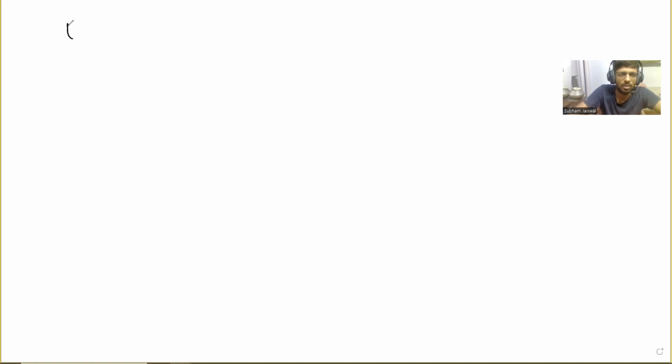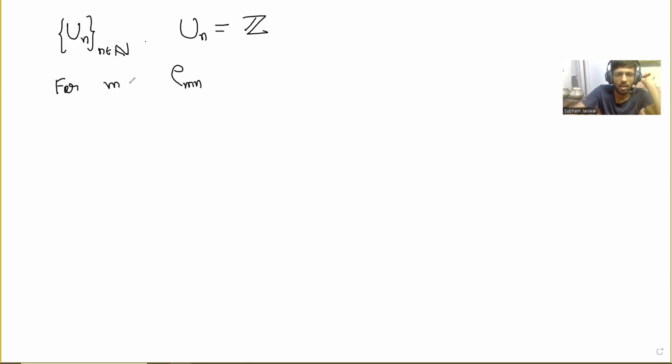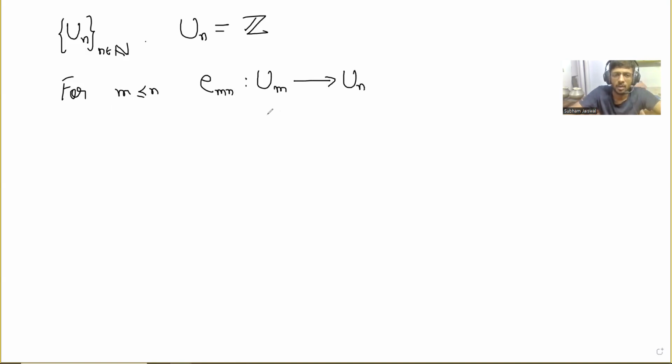This U_I, or maybe U_N, is directed like this, where U_N is equal to Z, and for M less than or equal to N there is a map from U_M to U_N, which sends K to R to the power (N minus M) times K. R is a natural number, an integer.